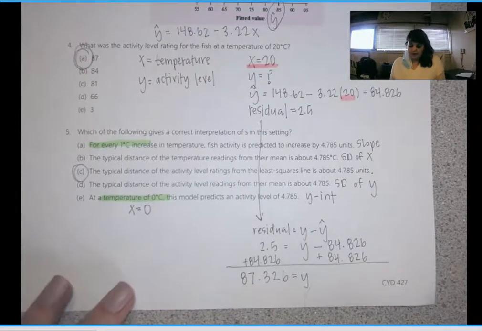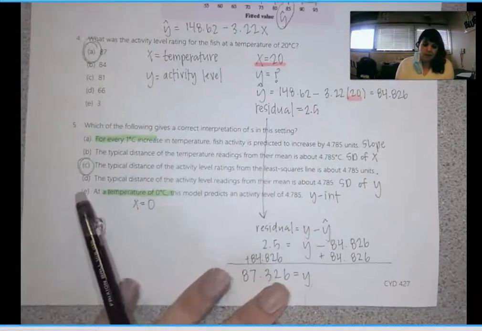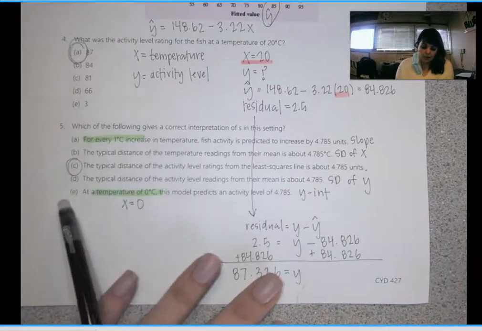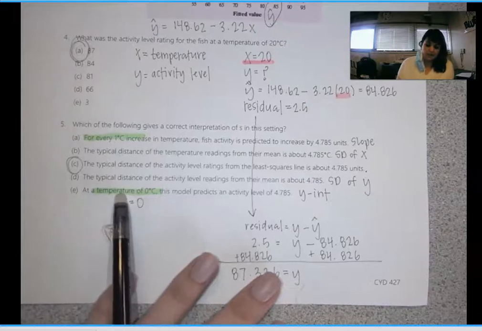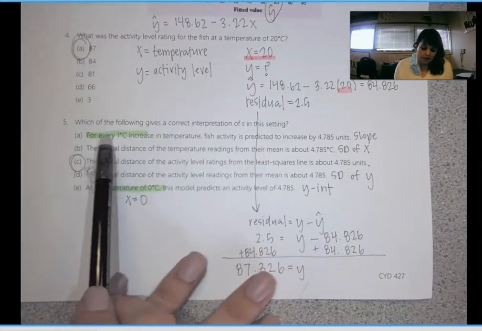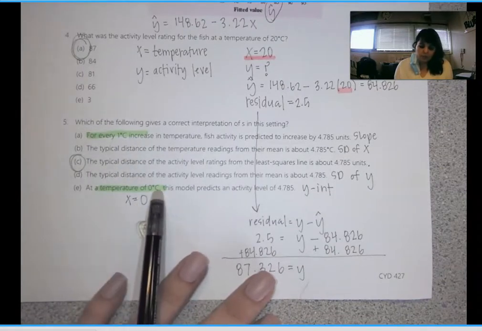So, for sure, you should feel good about A and E. You should feel comfortable with the fact that A is slope and E is y-intercept, and comfortable with the idea that for every 1 indicates slope and at an X of 0 indicates y-intercept.